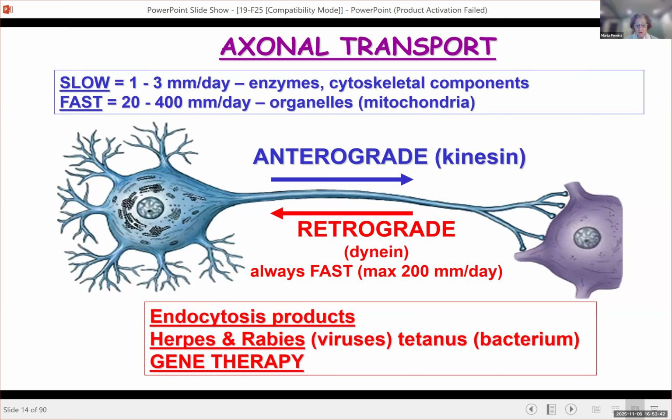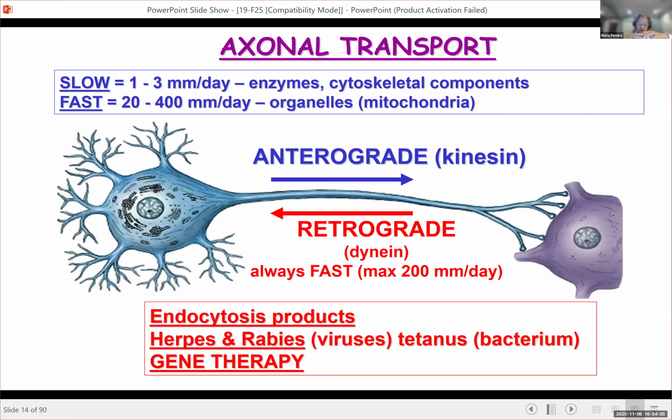Now the retrograde is always fast, 200 millimeters per day. And what goes in this direction, from the axon terminal to the cell body? Products that come into the neuron at the axon terminal by endocytosis. Remember, endocytosis, things that come into the cell.